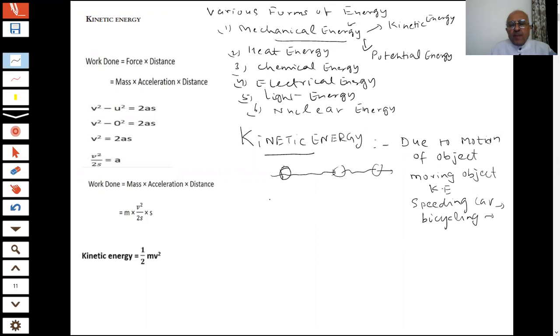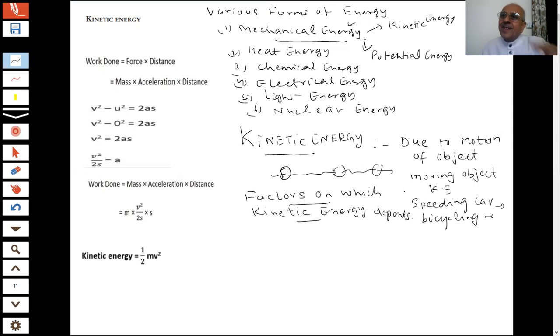Now, the question is, what are the factors on which kinetic energy depends?